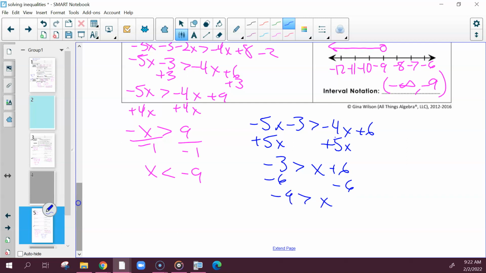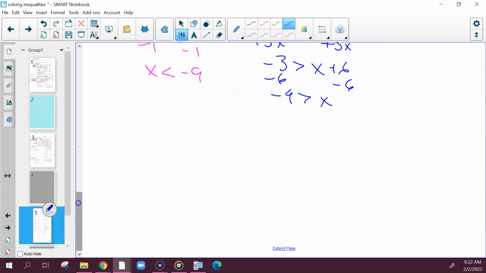These two things are the same thing, but if in your mind you don't like it that way, you can switch it. Whatever direction it's pointing to or from the x, make it the same way. So right now it's pointing towards the x, so it needs to point towards the x.